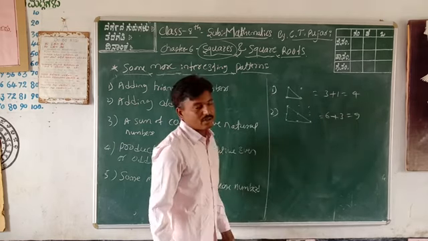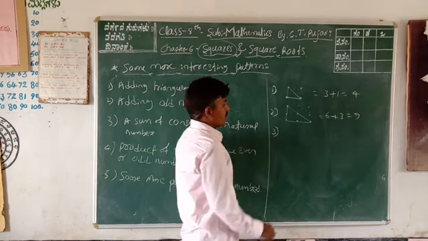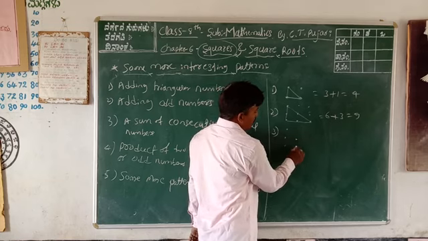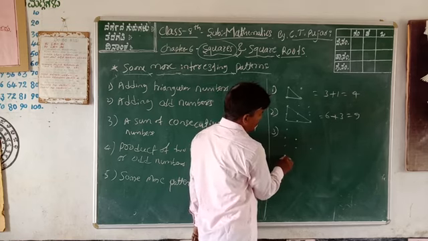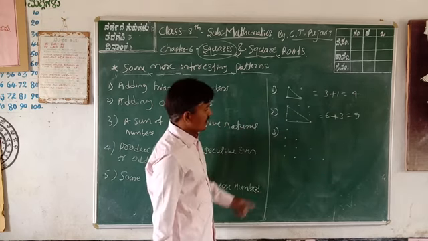Again, 9 is a square number. What about the third one? The third one is also a triangular number: 1, 2, 3, 4, 5, 6, 7, 8, 9, 10.